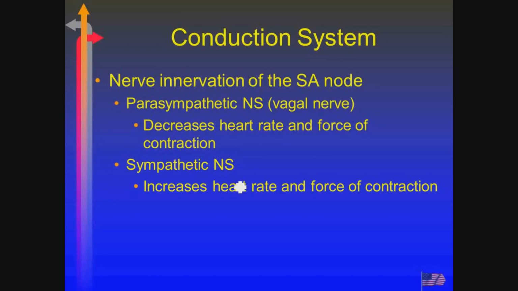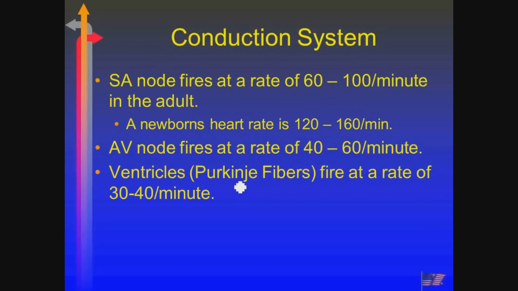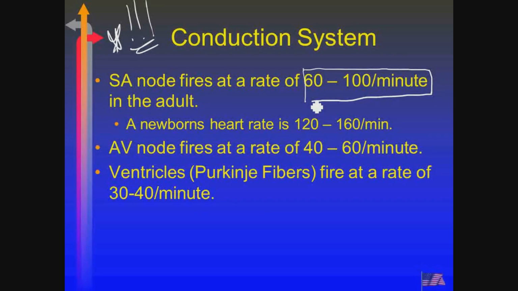Once everything's relaxed, I can slow the heart rate back down with the parasympathetic stimulation. The sinus node has an intrinsic firing rate of 60 to 100. So normal heart rate then, 60 to 100.